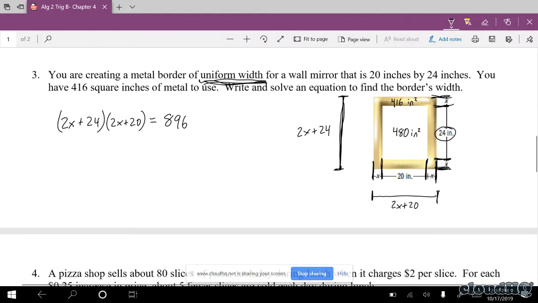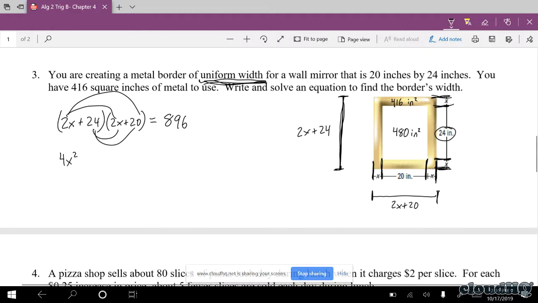We have to now solve this. The left side is in factored form, but it's not set equal to 0. So I'm not going to leave it in that factored form. Instead, I have to multiply this out. So I'm going to distribute or FOIL that left side. So 2x times 2x is 4x squared.